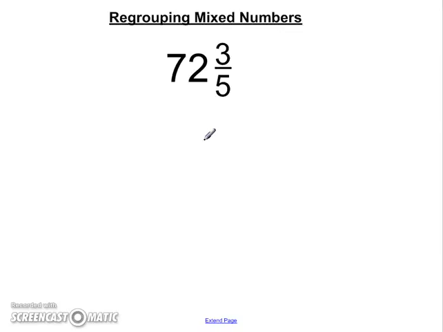So again, this idea of regrouping mixed numbers, and that's what I did in the previous section. Let's say that I was going 72 and 3/5, but down here I was trying to subtract, say, 34 and 4/5. And this is what I was talking about in the previous section, realizing that I can regroup things, because I can't do 3/5 minus 4/5, but I can regroup this value.